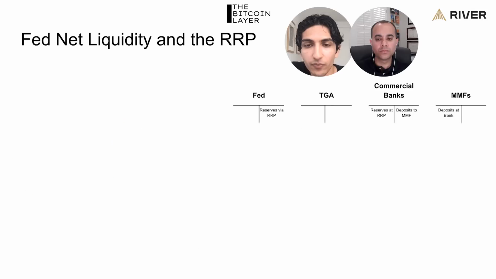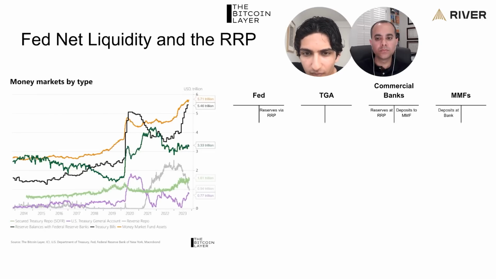So on a balance sheet level, again, we have our main players here: the Fed, TGA, commercial banks, and money market funds. What reverse repo looks like is essentially a money market fund that does not want deposits. It wants a safe asset that can generate risk-free returns, which in this case is 5% or whatever.